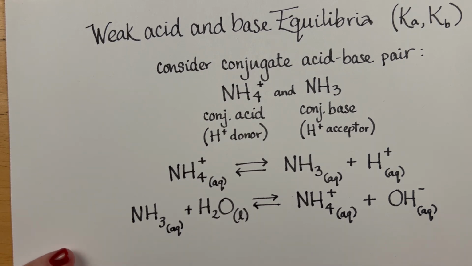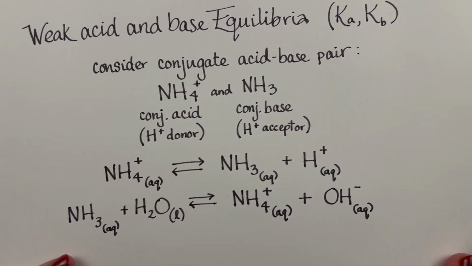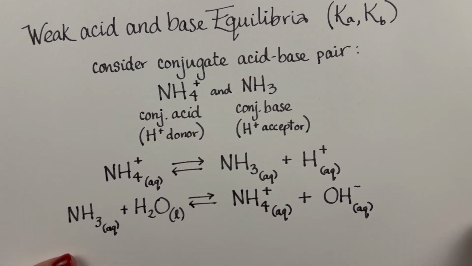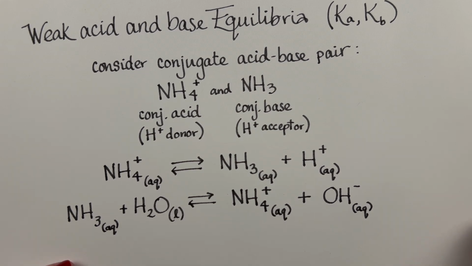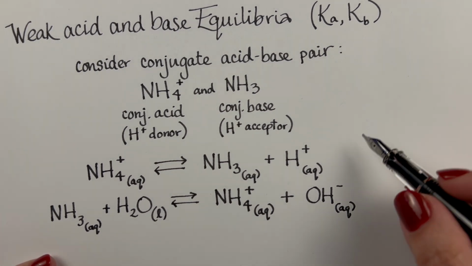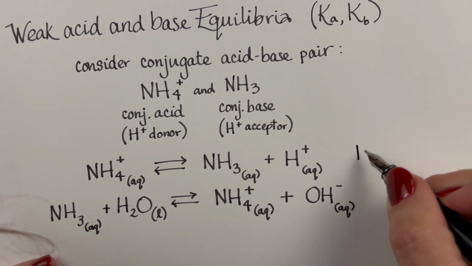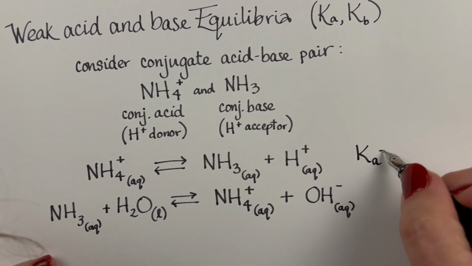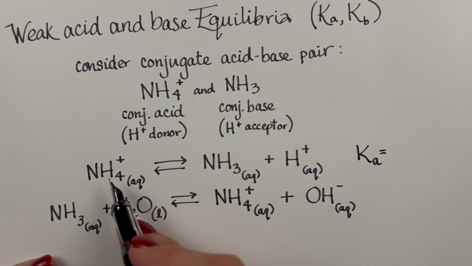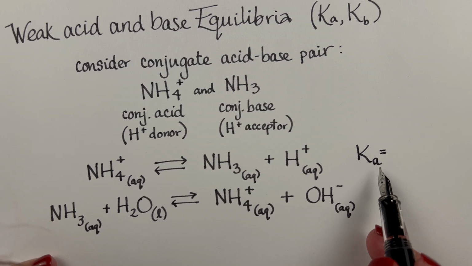Alright. And we can also recognize what the equilibrium constant expressions are for each of these. So we could write those out here. We're looking at an acid, and we're looking at an equilibrium constant.